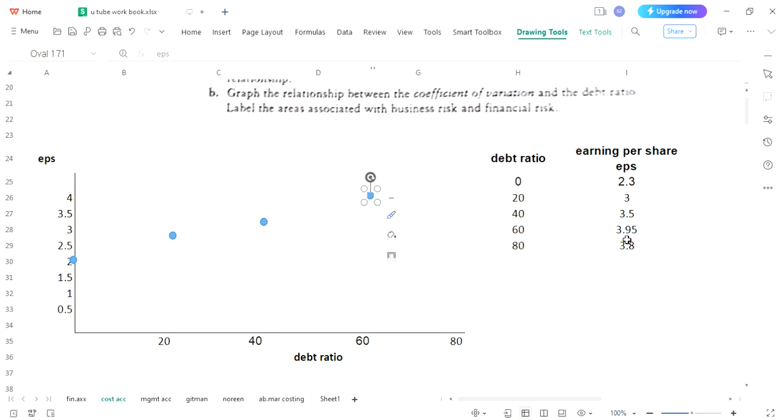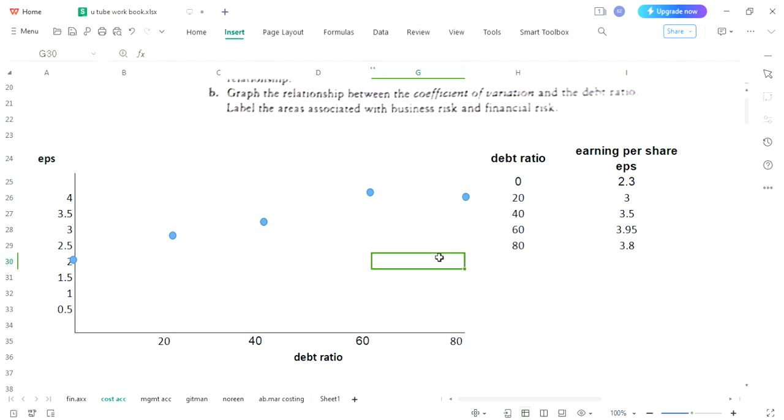Now the final point is at 80 debt ratio, where we have 3.8 EPS. This is our 80 ratio, and 3.8 would be here. Okay, we have got our points, and now we will be joining these different points.